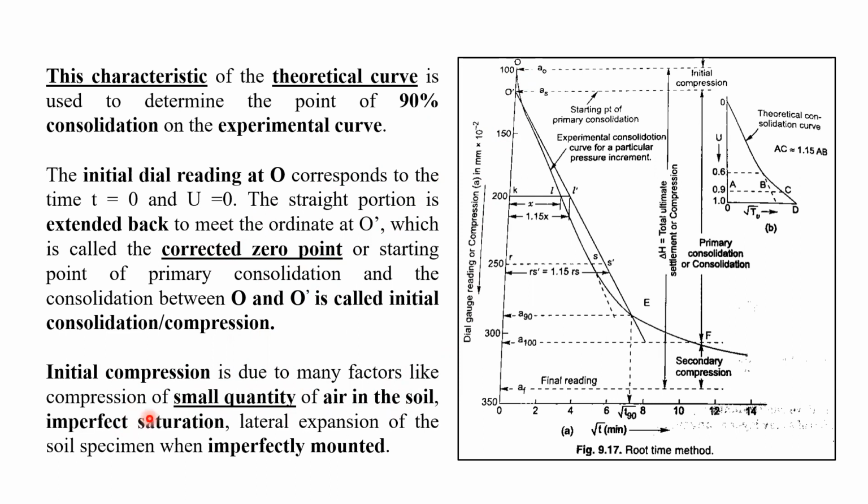Suppose you have not saturated the soil completely, or you have not opened the water reservoir during the consolidation test. In that case, the saturation will not be proper, so definitely we get an initial compression value. Another factor is lateral expansion of the soil specimen, which may happen if it is imperfectly mounted in the consolidometer. So this comes under the initial consolidation or compression.